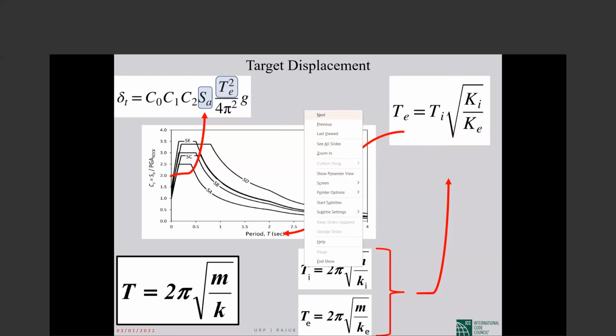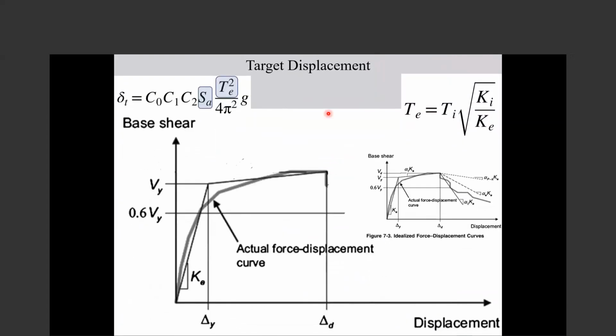If we look at that, if we push a building here, and this is, for example, the target displacement. We don't know where the target displacement is, but we assume that, for example, in my case, it is here.